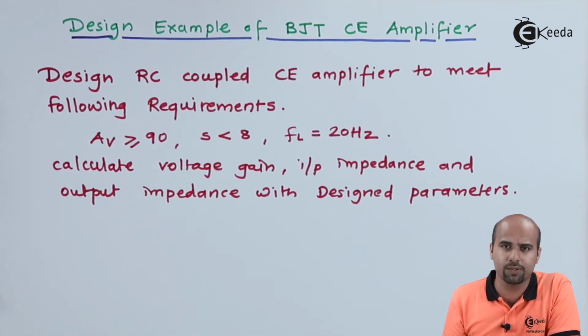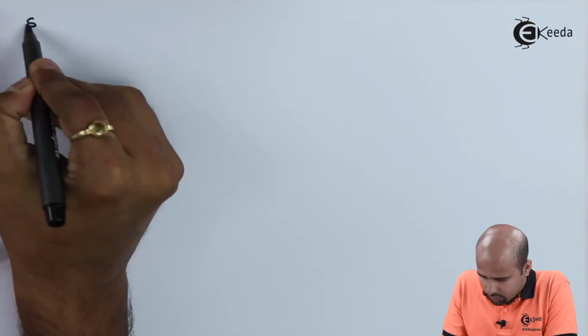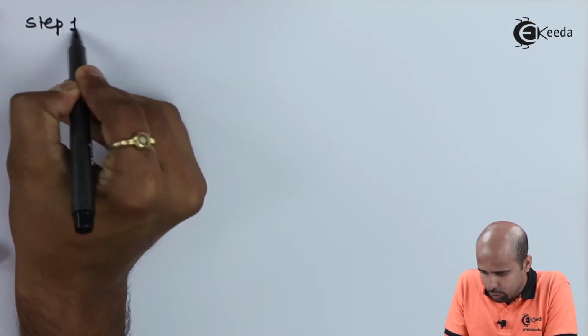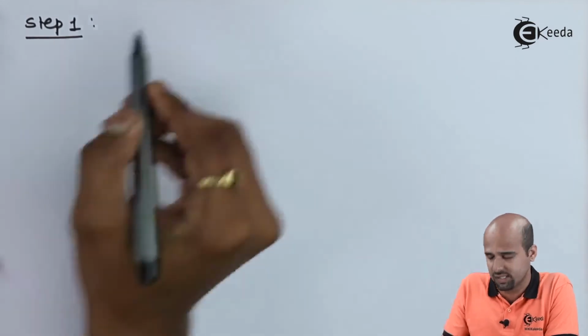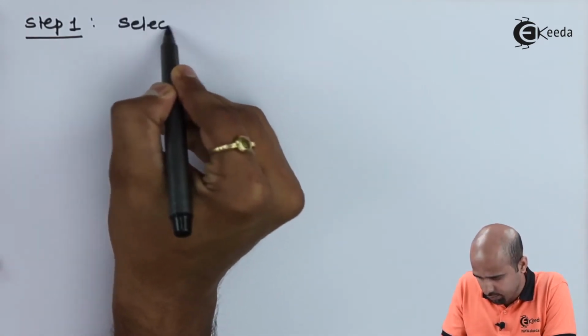We will follow the steps, and for that you just refer to the previous video, design steps of BJT CE amplifier. For design, we will use step number 1, that is selection of the transistor.